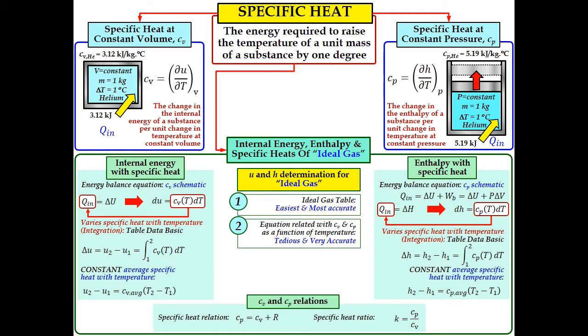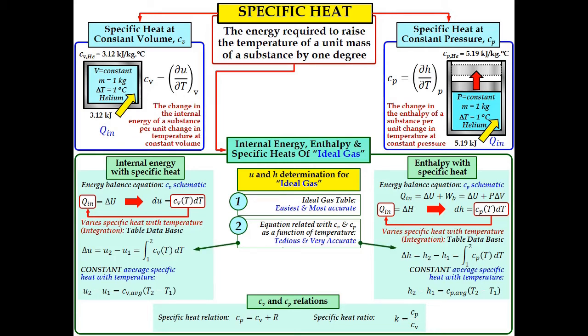Okay, so keep in mind that the approach number one, the table data, actually comes from the equation that we use in approach number 2, where we use the equation that involves integration. However, for approach number 1, we use more of a numerical approach.